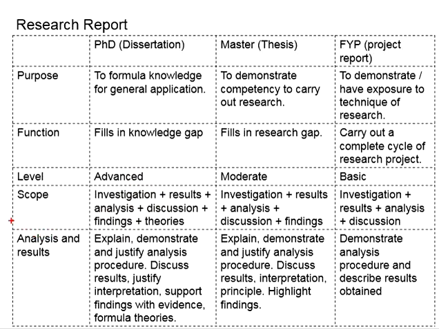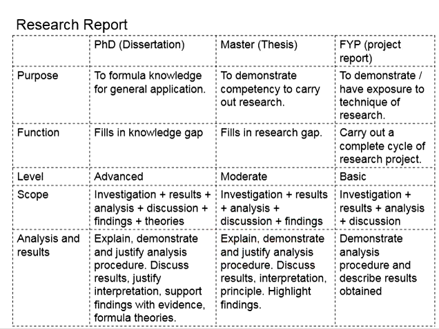Next, we talk about the analysis and the results related to different levels of studies. For the final year project level, you only need to demonstrate the analysis procedures and describe the results obtained. Probably put in some discussions in terms of the relationship between the parameters. Then, when you come to the Master's level, you will need to explain, demonstrate, and justify the analysis procedures.